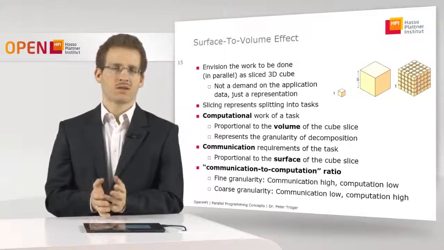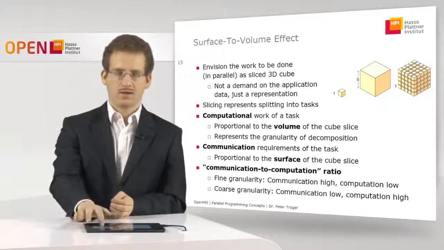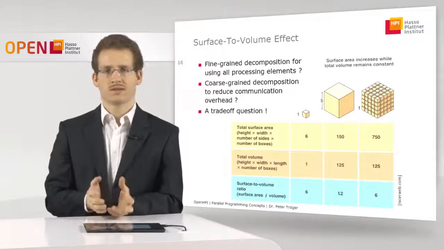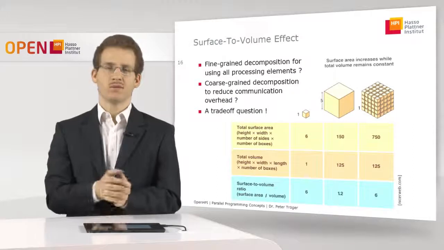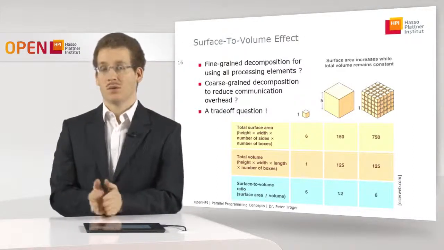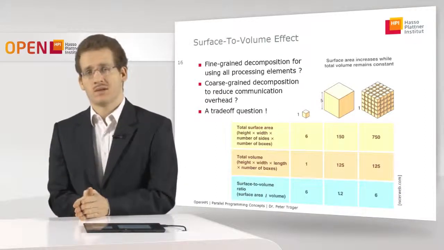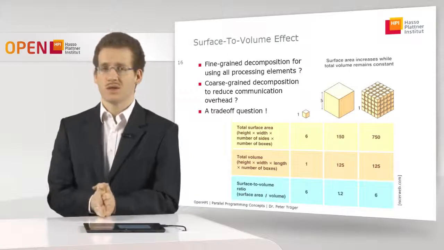And the interesting question is now, if you take this thought model, what is the better way? The trade-off you have to make in this situation is that you either want to do a fine-grained decomposition in order to use all the processing elements available, or you want to do a more coarse-grained parallelization in order to reduce the communication overhead.